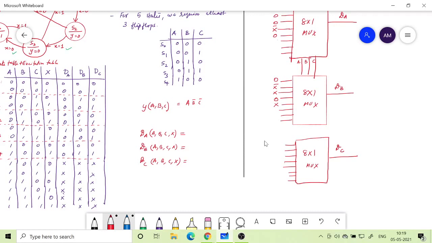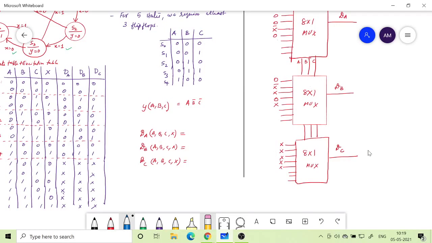Now we look at the DC column here. So 0 1 means X, next is again 0 1 X, then again 0 1 X, 0 1 0 1 X, X, that's it. The other ones we don't care. If you give 0 or 1 or X, it doesn't matter because it's not going to depend upon it. We are not using those states.